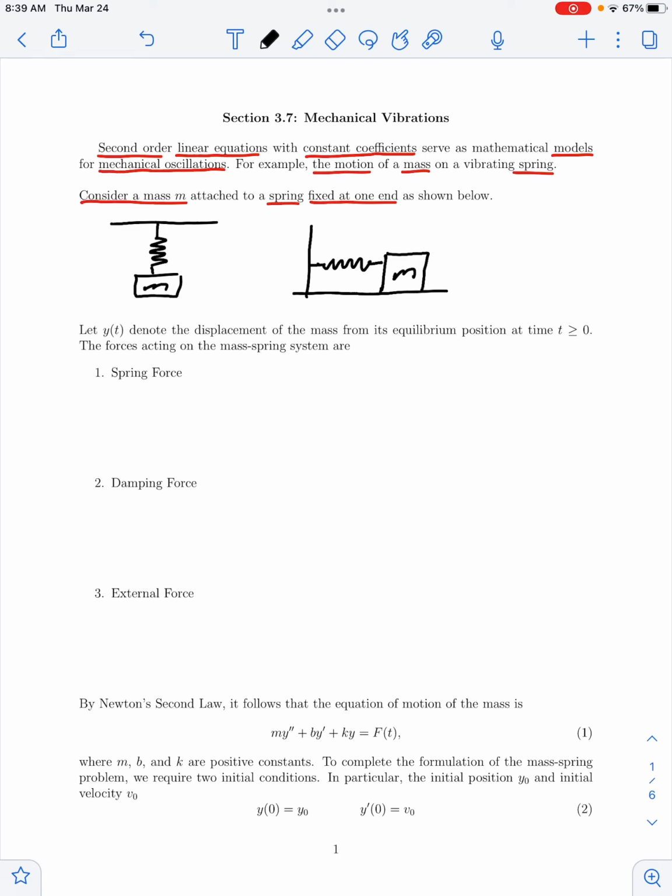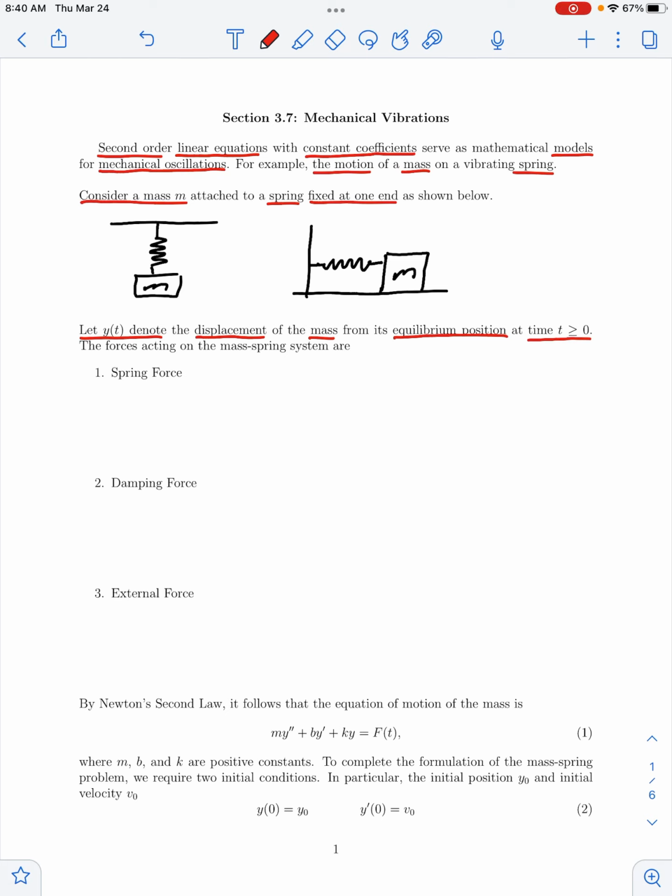So let's introduce some variable for the quantity that we're interested in. We're going to let y of t denote the displacement of this mass from its equilibrium position at a time t.